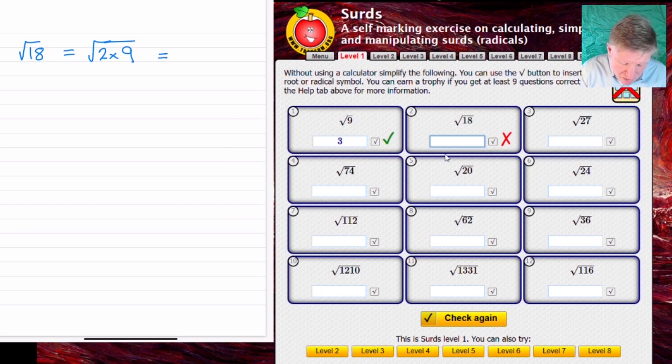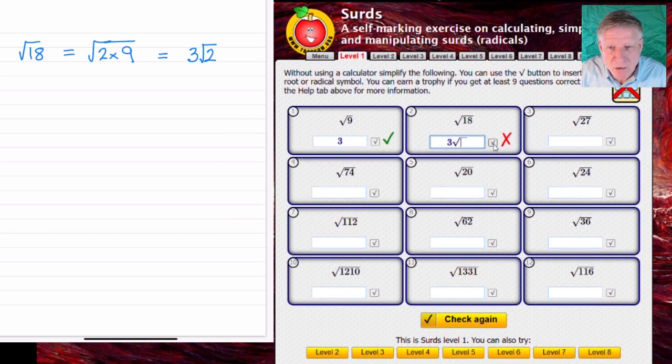Well, I know the square root of 9 is 3, and the square root of 2, well, it's an irrational number, so I leave it like that. Leave it as a surd. So the square root of 18 can be more simply written down as 3 root 2. 3, click this button for the square root sign, and then a 2, and then check the answer. Yes, it's right.